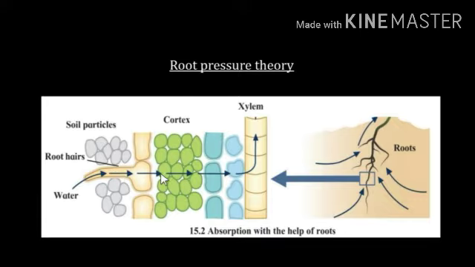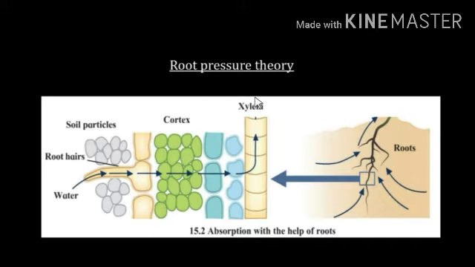Again, the adjacent cells are with low water concentration and this cell is now with higher water concentration. Again, here water moves from higher water concentration to lower water concentration. Again to the next adjacent cell, again to the next adjacent cell. Likewise, the water moves from higher to lower water concentration, and at every stage it moves in forward direction and ultimately it reaches into the xylem, and this xylem conducts this water in upward direction.